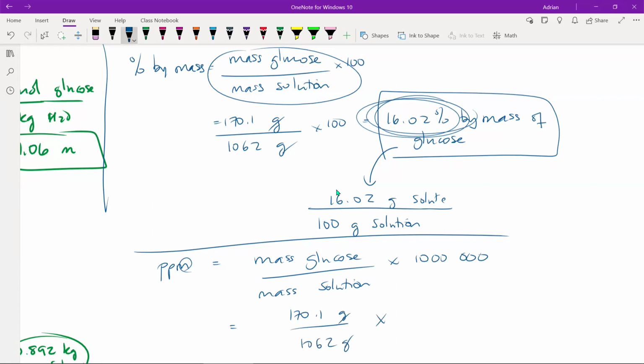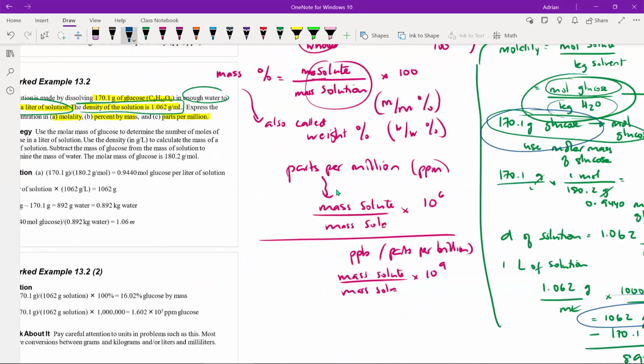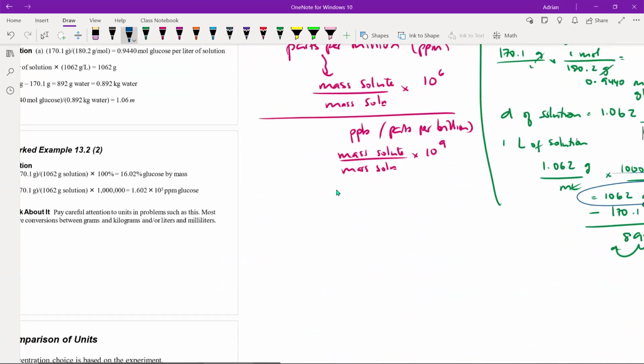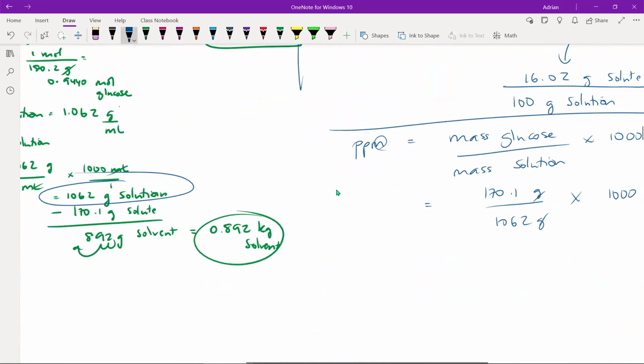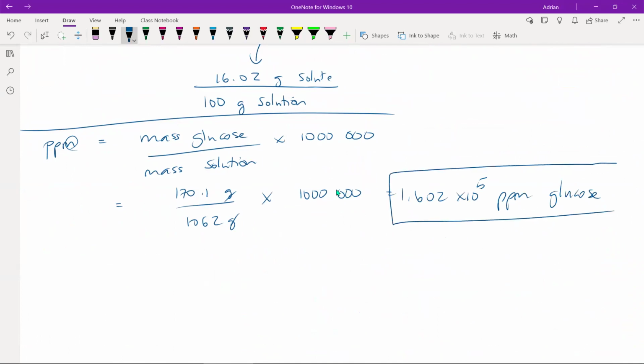Grams going to cancel, times that by a million. Okay, and then that is going to give us a much larger value. We get 1.602 times 10 to the 5 ppm of glucose. Fairly large concentration, especially when you use that particular unit of concentration.